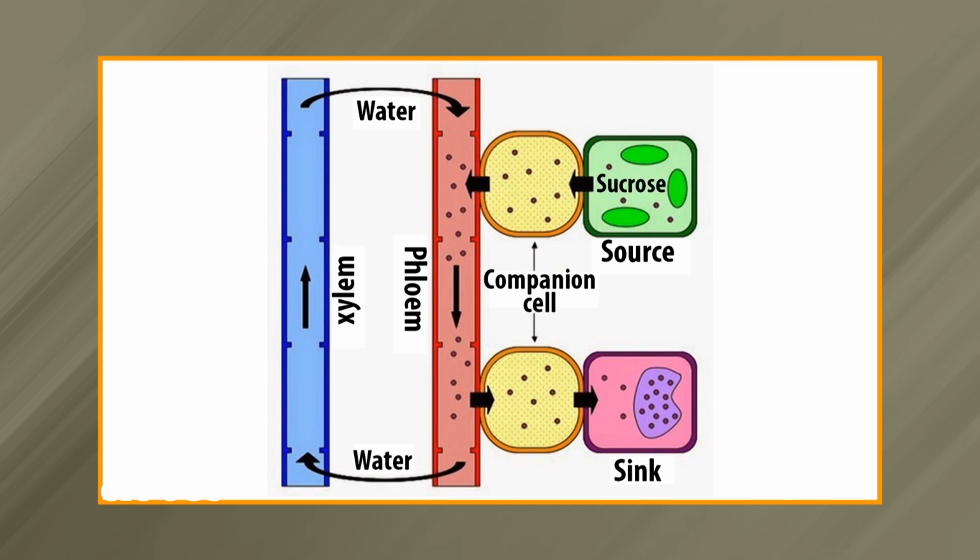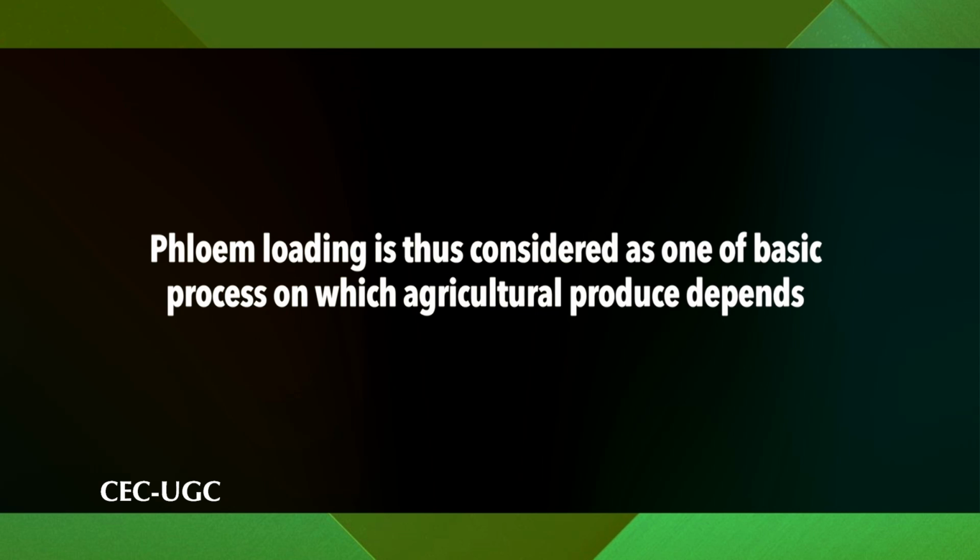The process of loading photosynthates at the source and its unloading at the sink generate the driving force for this long distance transport. Phloem loading is thus considered as one of the basic processes on which agricultural produce depends.